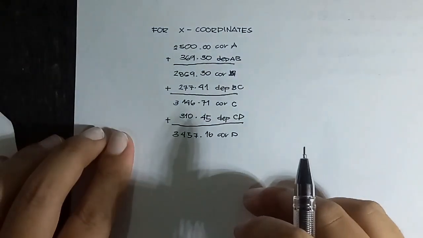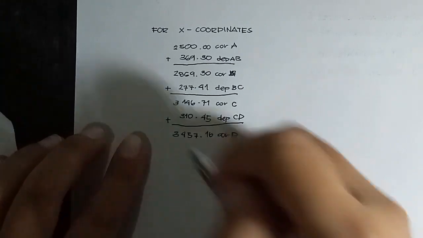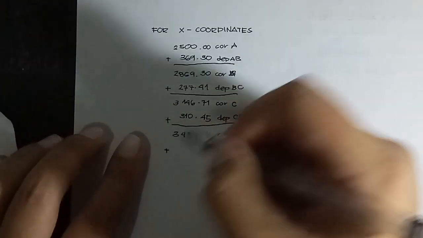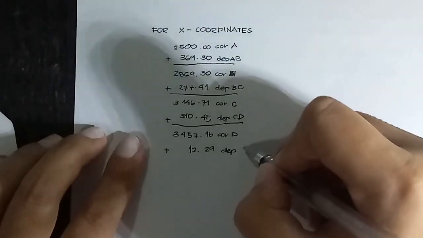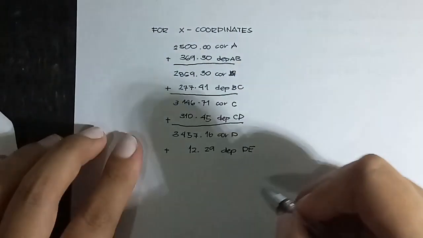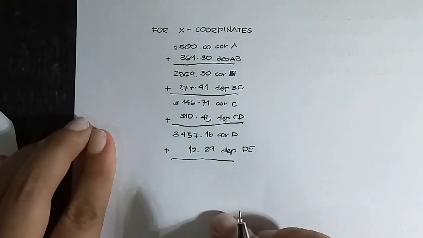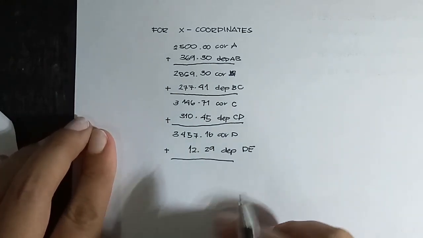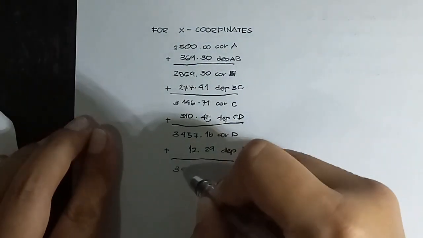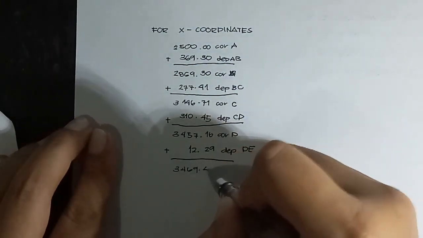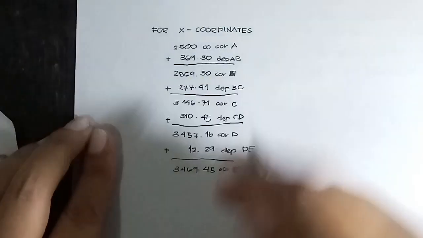Ngayon, makikita natin na yung susunod na value is sa east ulit. So, mag-a-add ulit tayo. Yung value na yun is 12.29. Departure ng DE. So, ang magiging total na nun ng ating departure at nung naunang value ay 3,469.45. Ayan.